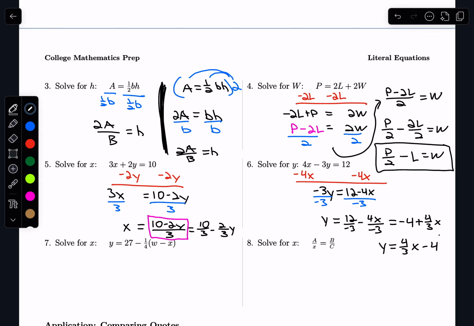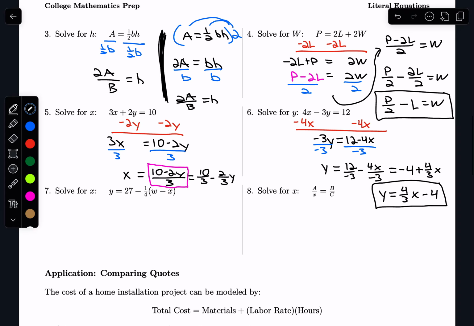So we have y equals 4 over 3x minus 4 is going to be our final solution there. Now, 12 minus 4x over -3, technically correct, but it is not the best way to write it. Okay, instead, we want to get that negative out of the denominator, and 4/3 x minus 4 is a much better way to hand this formula off to someone.